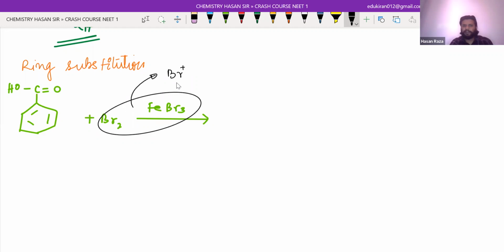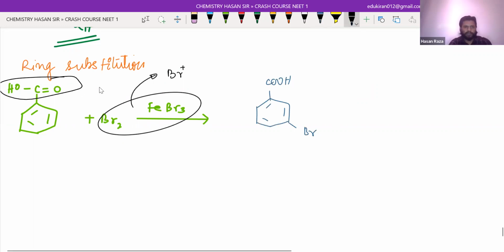Can anyone tell me? Mamuna, Farhad, Iba, Alan, Hanifa, Aksa, Saif. So see, this Br plus will be adding. With respect to this, it will go at meta. Can anyone tell me why it goes at meta? Because this is minus M and minus M is your meta directing.